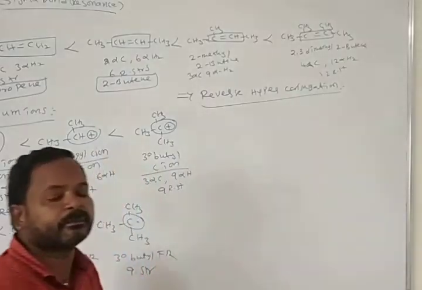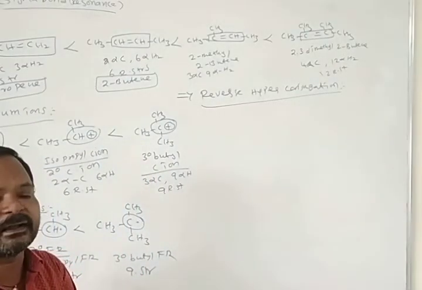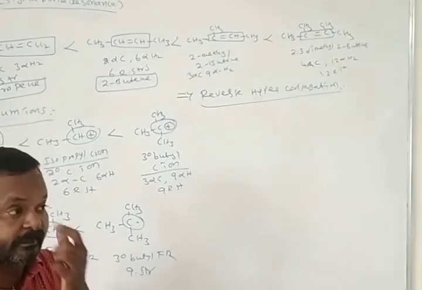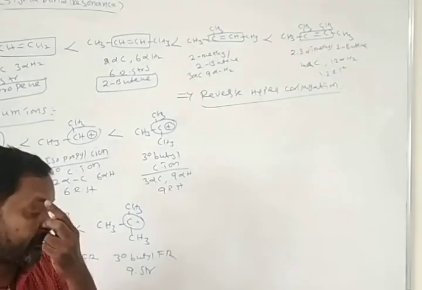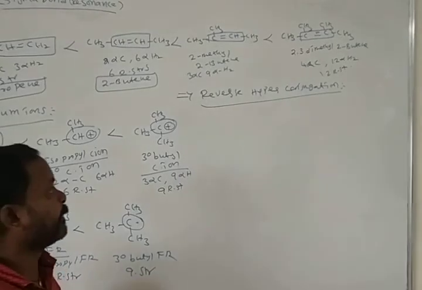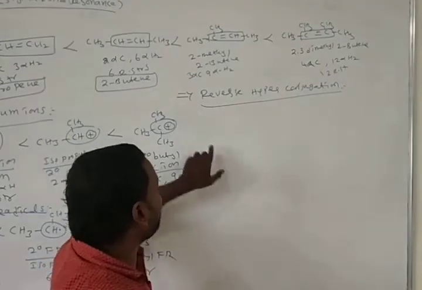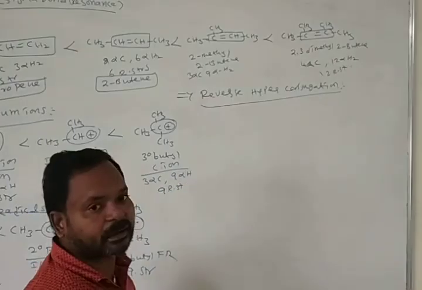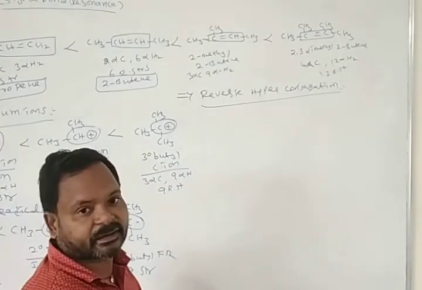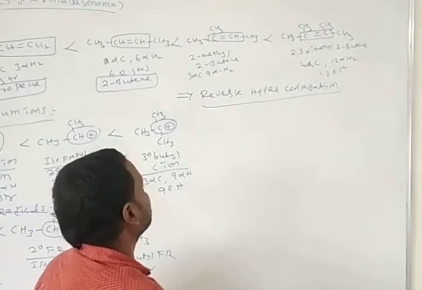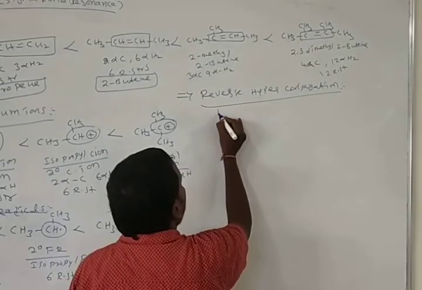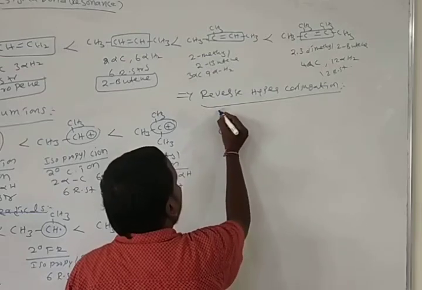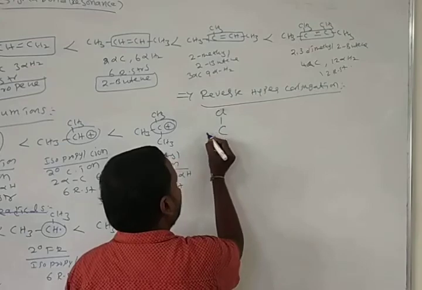Instead of hydrogen, if a more electronegative element than carbon is present, then we observe the opposite of hyperconjugation, and that we call reverse hyperconjugation. See, instead of hydrogen, here is an element more electronegative than carbon.